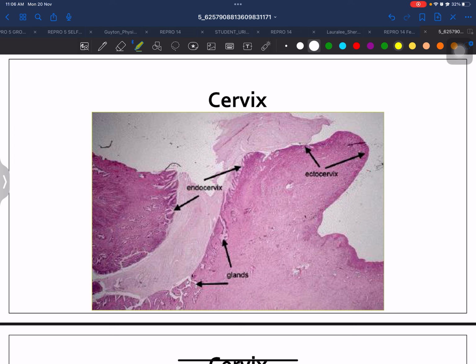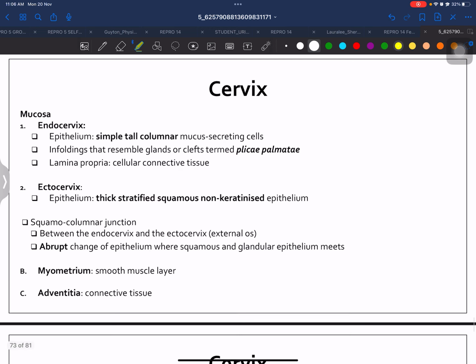The area continuous from the uterus is simple columnar, sebab uterus adalah simple columnar. Bila dia jadi ectocervix, ecto kat luar, ectocervix berjumpa dengan vagina, dia jadi stratified squamous epithelium non-keratinized, sebab vagina adalah stratified squamous non-keratinized.